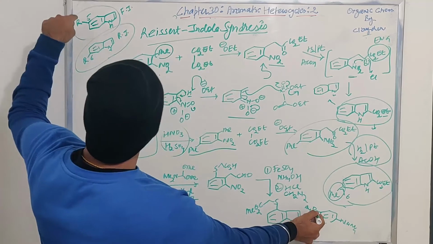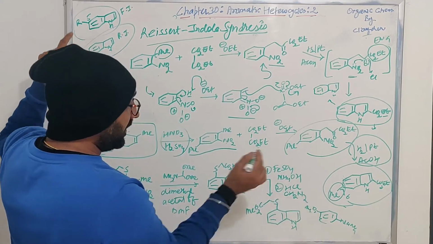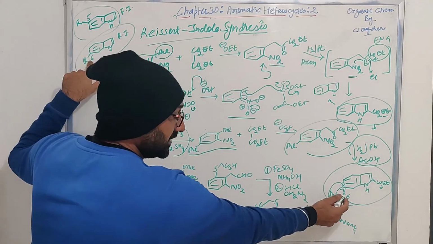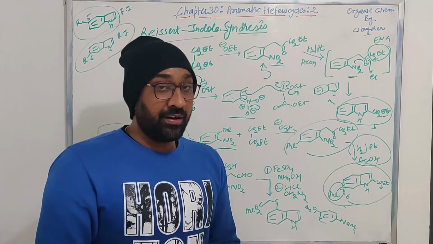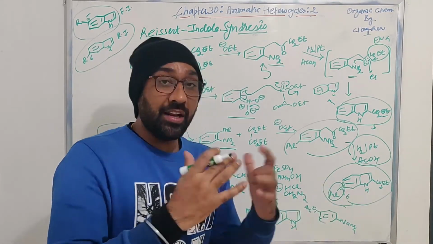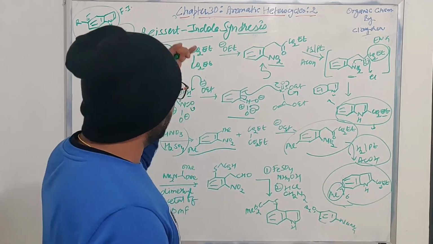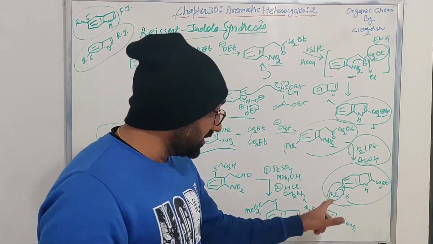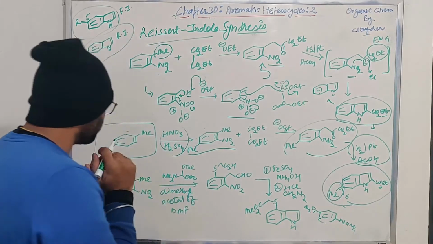So basically you are having substitution at 5, जबकि Reissert indole में you can have substitution at 6 position. So depending upon कहां सब्स्टिट्यूशन चाहिए, you can choose your method. So this is something that you should keep in mind, ठीक है.